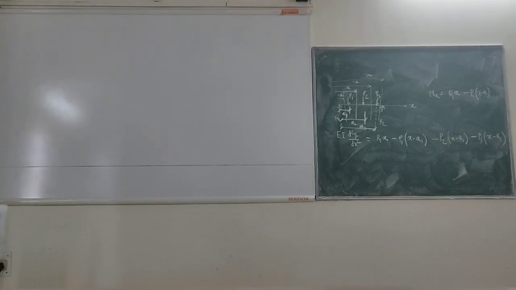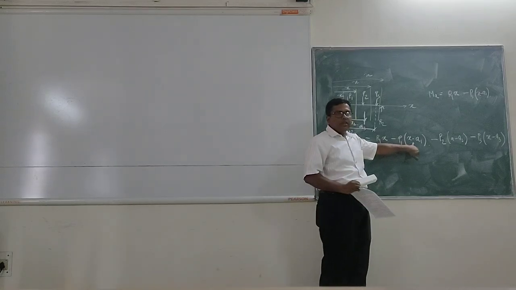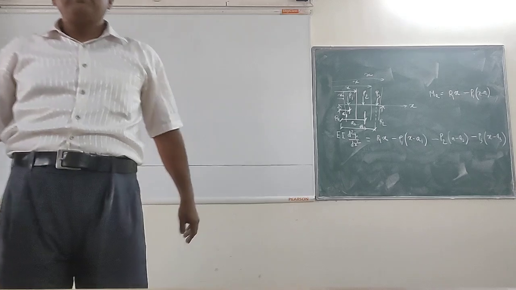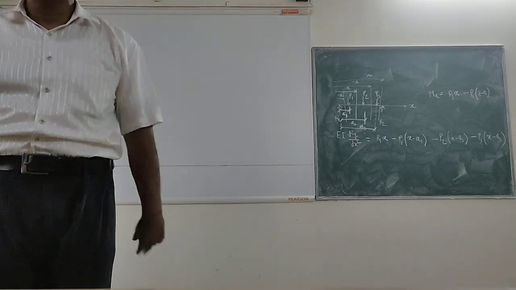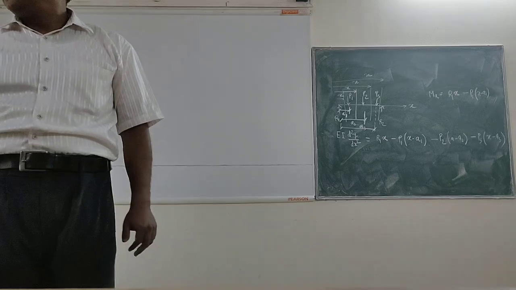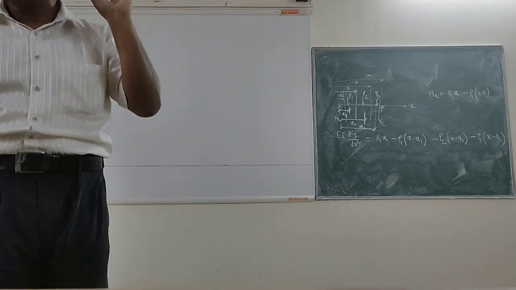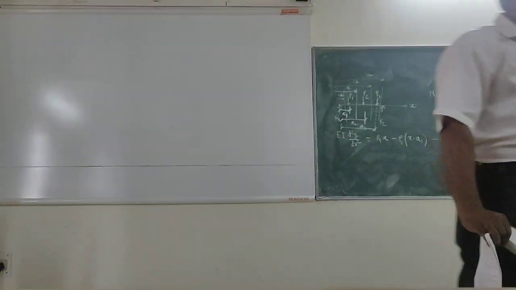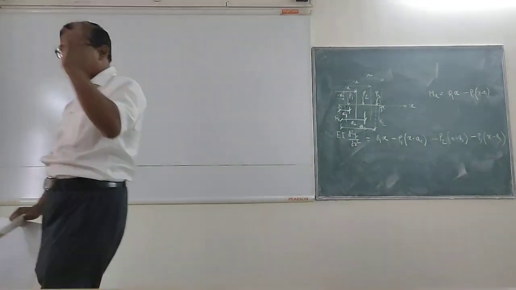If I am putting X equal to 0, what happens to these terms? After integration also, what will X minus A1 become? After the first integration, it will become X minus A1 whole square by 2. So the X minus A1 term will remain. It is not that X minus A1 will become X plus A1. The X minus A2 term will also remain after integration.